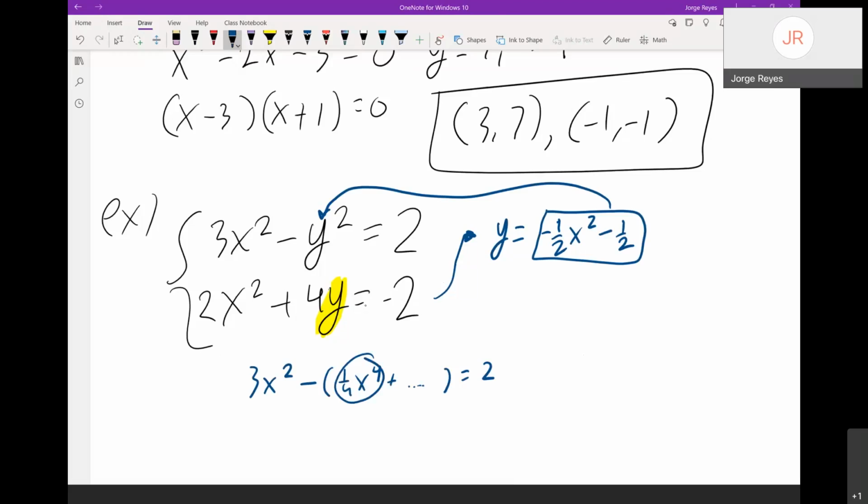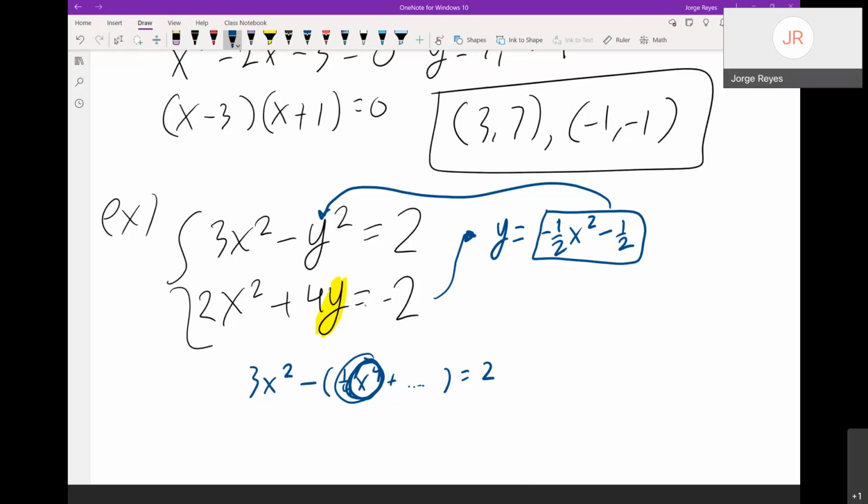This is an example of when it's overly complicated and you should not use substitution. Because with x to the 4th, you might not know how to solve that polynomial. You would have to hope that it has rational roots, or that it's a special formula, because you can only really solve quadratics.